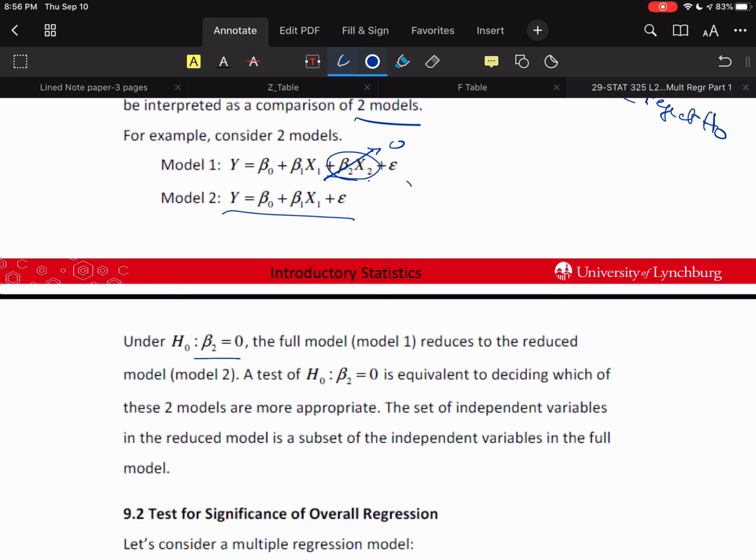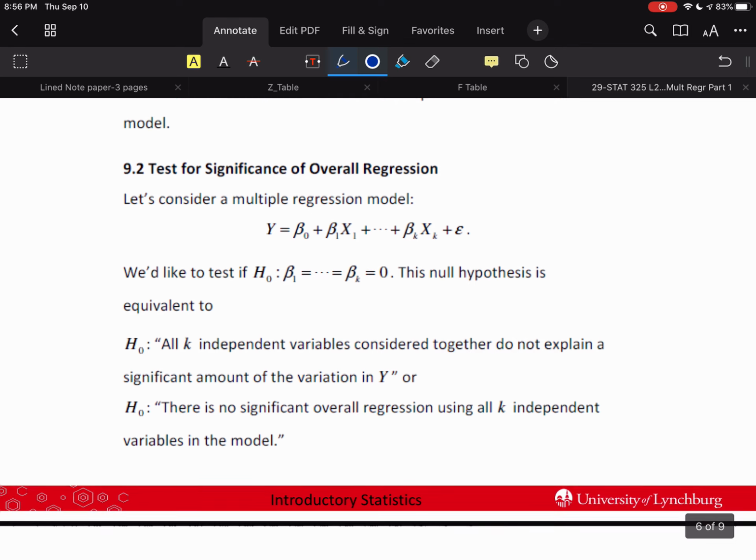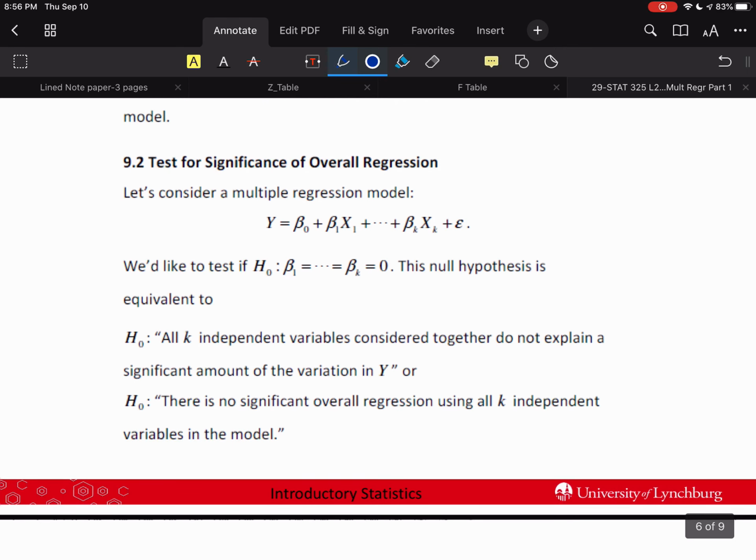Okay, so a test of beta 2 equals 0 is equivalent to deciding which of these two models is the most appropriate. Okay, and the set of independent variables in the reduced model is a subset of the independent variables in the full model. You can think of it that way. And this way of thinking is important, okay, because we're going to do many of these tests. So it's very important that you understand this.